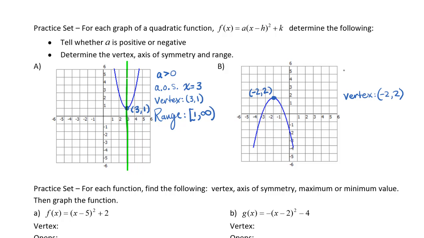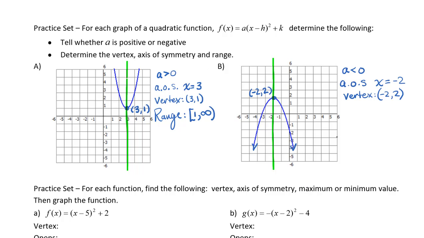Its value for A is less than 0. This is because the parabola is opening downward. Its axis of symmetry is x equals -2. And we can draw that axis of symmetry right down the center of the parabola.